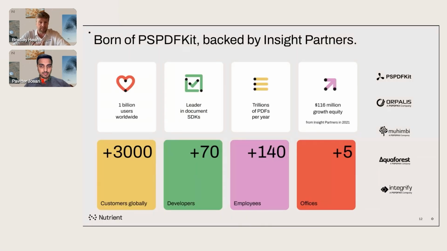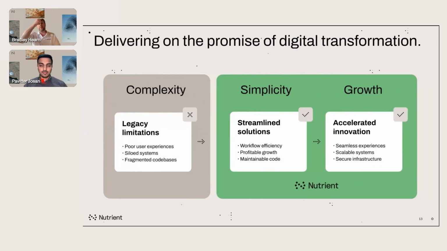Nutrient was born of PSPDFKit, and we are backed by Insight Partners, and we have been accelerated by the leading innovations of Orpheus, Muhimbi, Aquaforest, and Integrify to become what we are today, which is a company with an unrivaled breadth of solutions to help businesses like yours deliver on the promise of digital transformation, to go from a world of unnecessary complexity toward simplicity and ultimately toward true innovation.